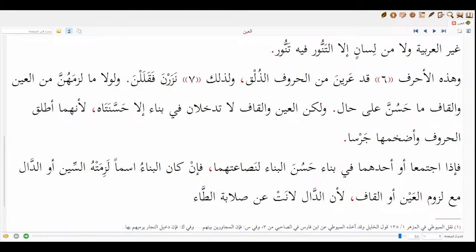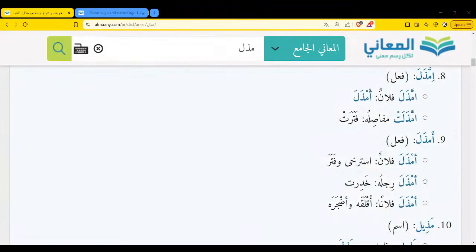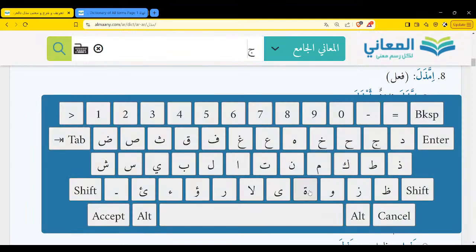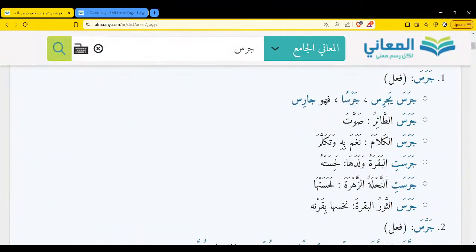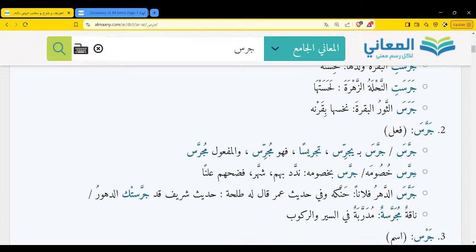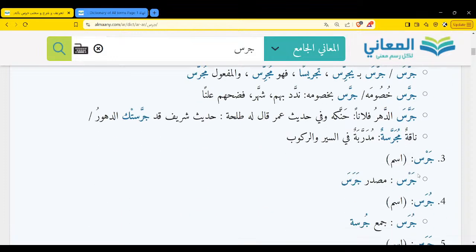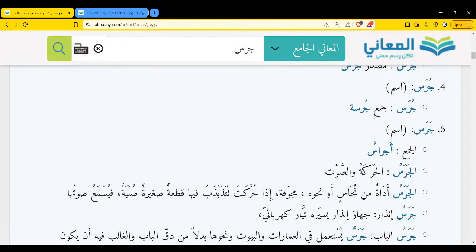Now jars, let's see what jars means. Jarsan. جرس الكلام نغم به وتكلم, which means in their ring, or in their sound, الحركة والصوت.